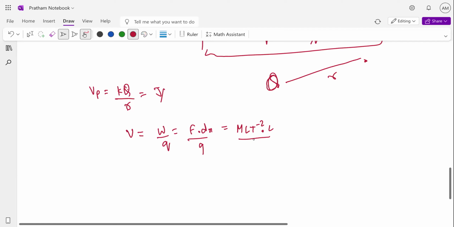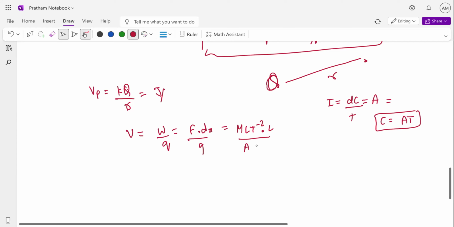What is the dimensional unit of charge? What is current? Current is nothing but change in charge per unit time. I know the dimensional unit of current, which is A. So for the charge C, what you have got is A times T, ampere into time.